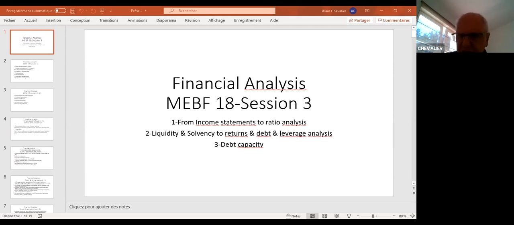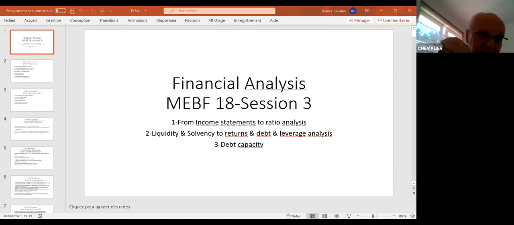Now, if I go into the details to be more clear and in order to get some kind of direction, on the second slide, and I hope you see the slide. If you don't see the slide, just tell me you don't see the slide. It's MEBF 18, sessions 1 to 3. It's a summary of the topics we went through in these last sessions.